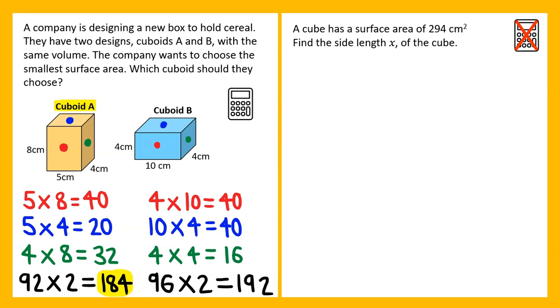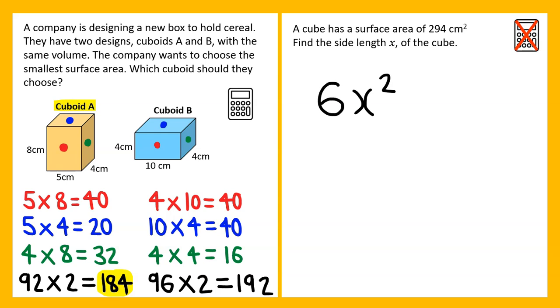Find the side length x of the cube. So if the cube has a length of x, to work out the area of one of the faces, we would need to do x multiplied by x, which is the same as x squared. And then to work out the total surface area, we would need to multiply this by 6 for all of the 6 faces.